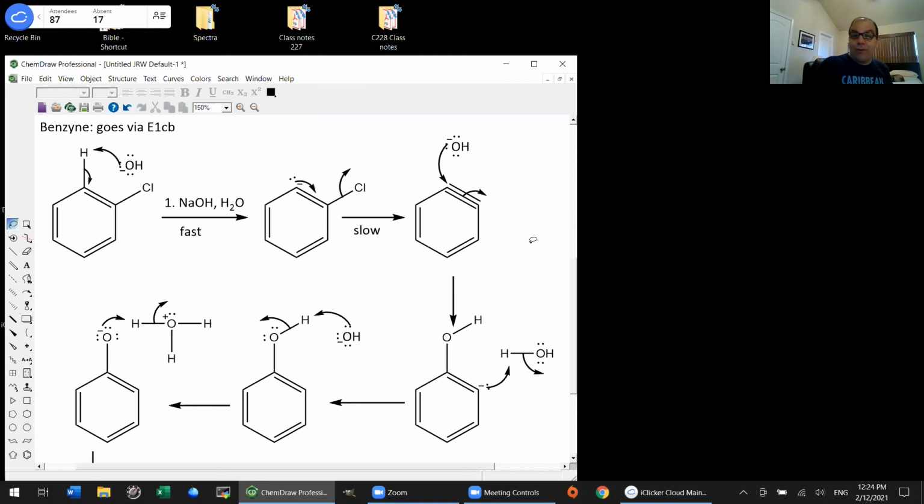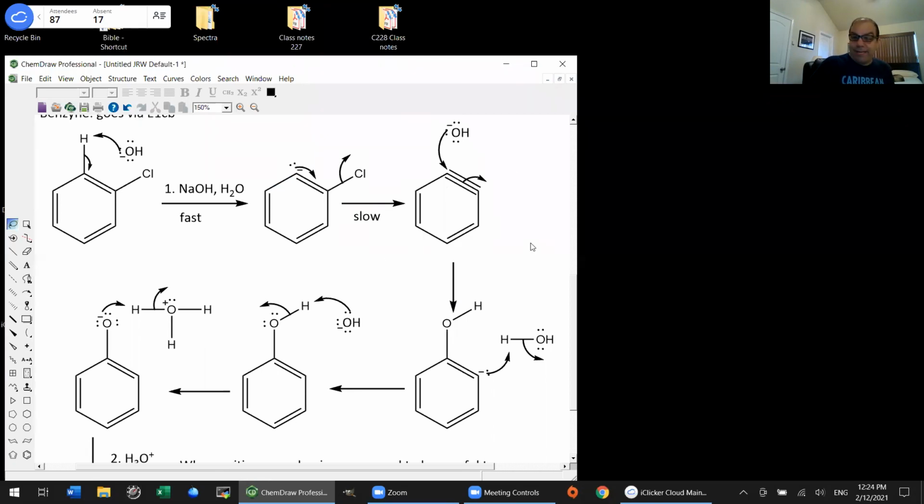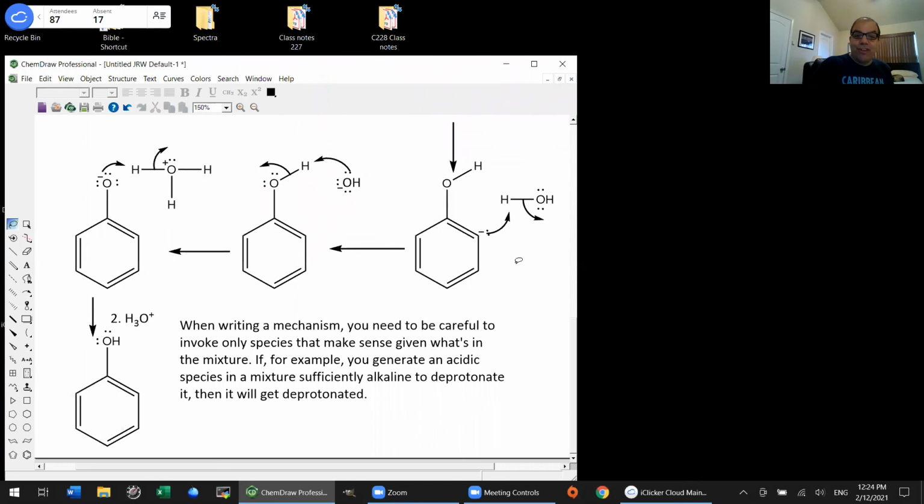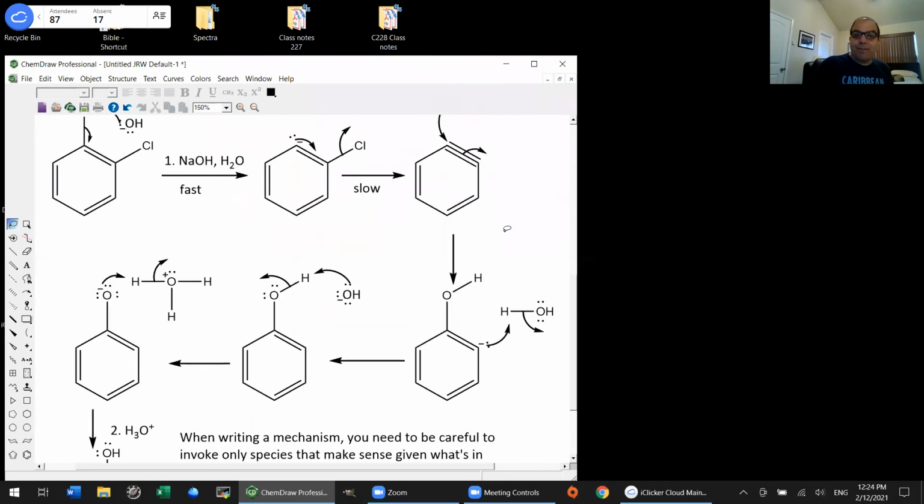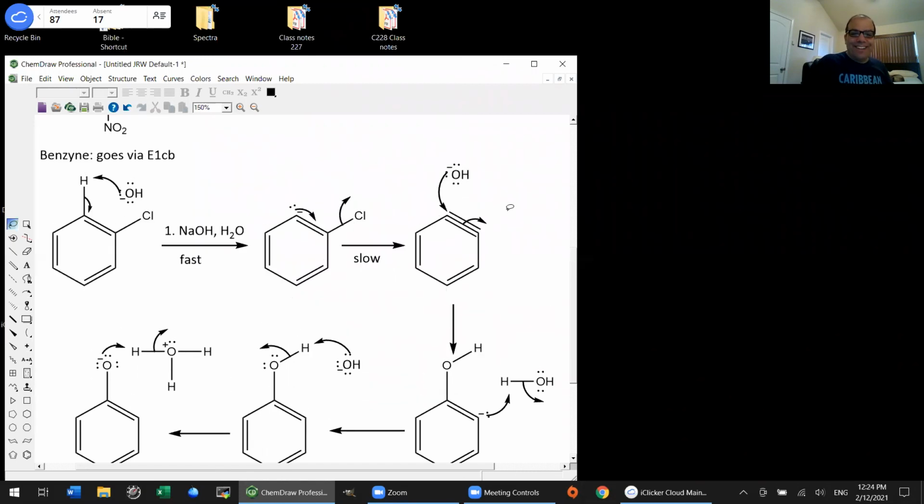But I mean, bizarre mechanism, well, except we've seen it before, it's an E1cB mechanism, but bizarre intermediate. But like I said, don't shoot the messenger. Benzyne has been experimentally determined to be an intermediate in this reaction. Good, can't really think of anything else to say.